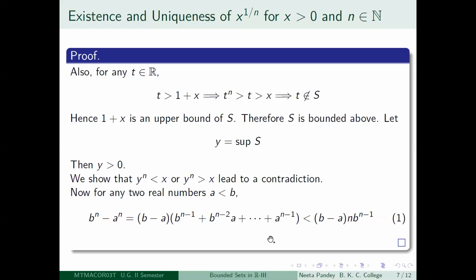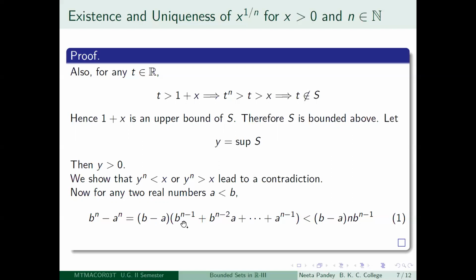It will be true. Now I have assumed that a is less than b, so in this second bracket, if I replace every a by b, then your number will be strictly greater. And what are you going to get? See, the total sum of the exponents is n minus 1 for each of these terms.